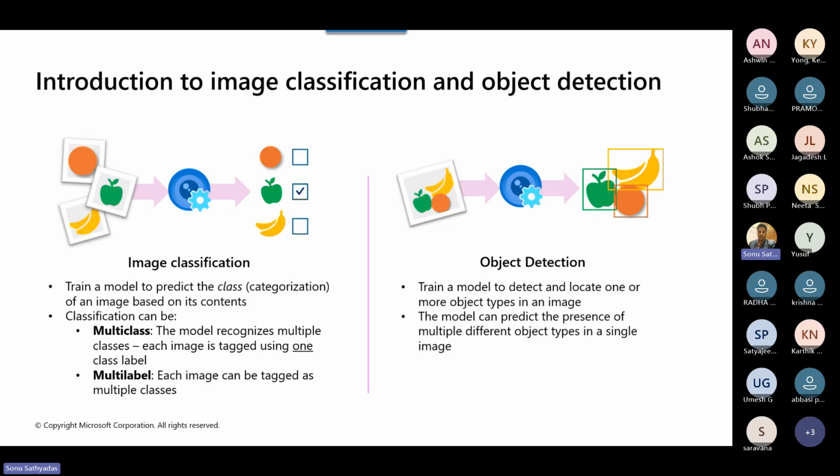Means food items category. So when I upload the tomato, tomato belongs to vegetable and also it's a fruit. So tomato can be labeled as a fruit as well as a vegetable. So the same picture is labeled as two categories. That is called a multi-label.